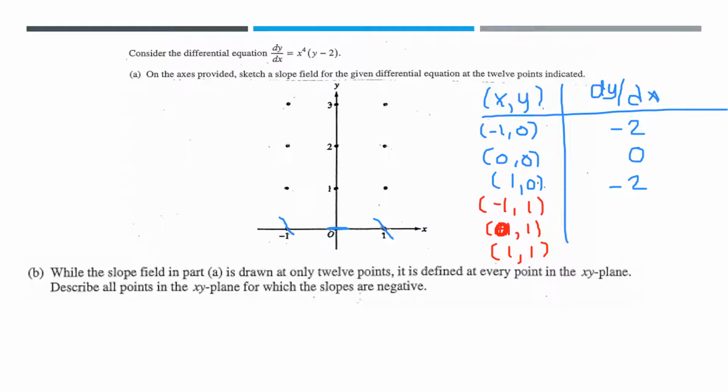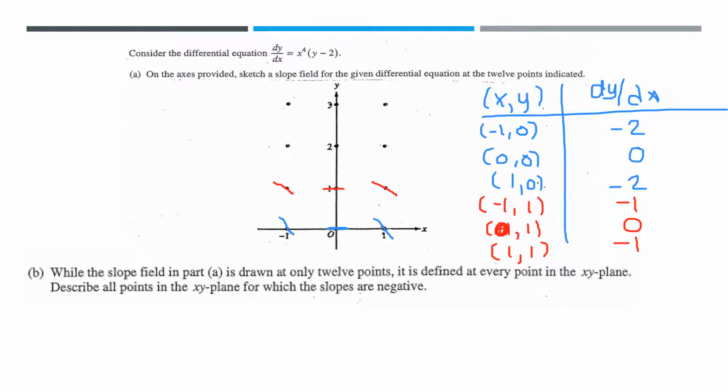And then when you plug in 1 for y, you get y minus 2, or 1 minus 2, so you get -1. So these both have a slope of -1. So they're just a little less steep than the one we already drew in. And then at 0, 1, you get 0 times something, so we get 0 again.